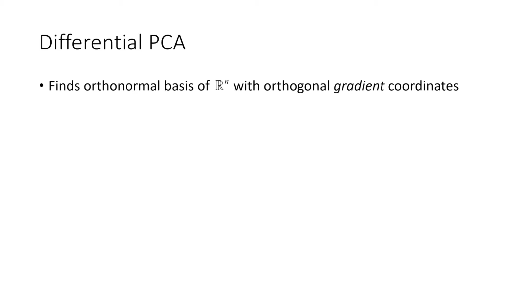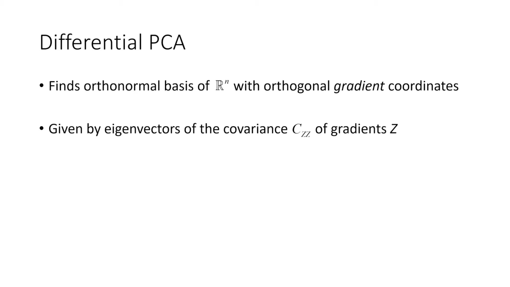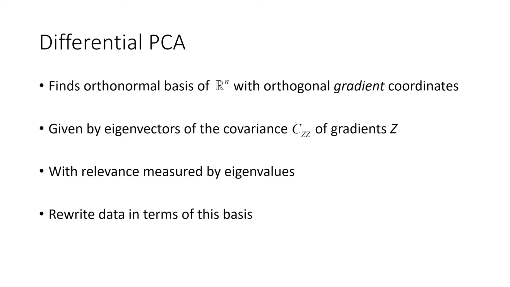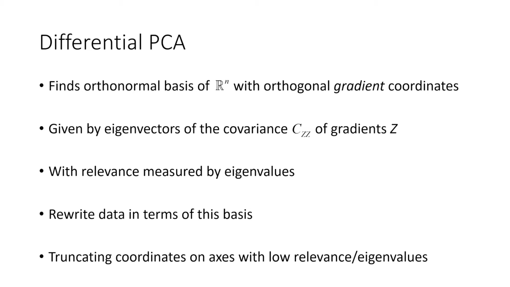One such basis is given by the normalized eigenvectors of the covariance matrix CZZ of the gradient z, with relevance measured by corresponding eigenvalues. Differential PCA rewrites the dataset in terms of this basis and truncates coordinates with immaterial relevance, as measured by the eigenvalues.